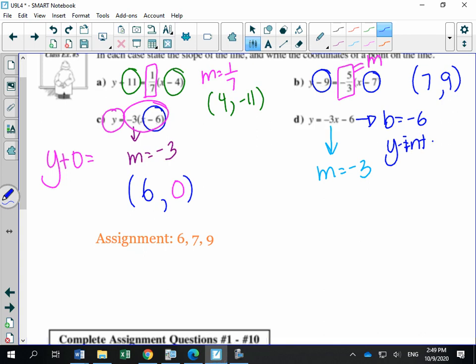So your y-intercept is equal to -6. What's the point or the coordinate at -6? -6 is down here, 3, 4, 5, 6. And that point, what's that point? X is 0, y is -6. So that would be your answer for D. If you understand that, you could now do 6, 7, and 9.